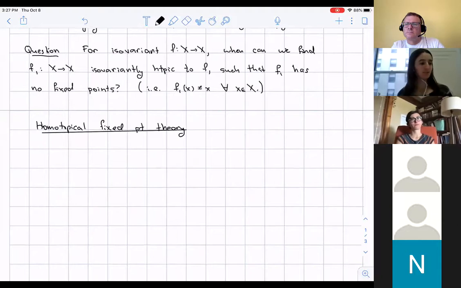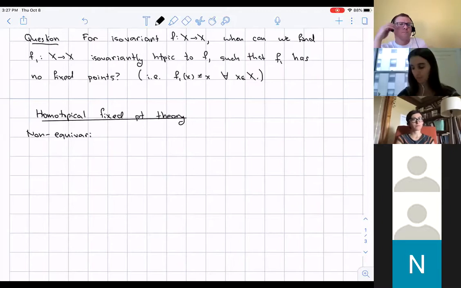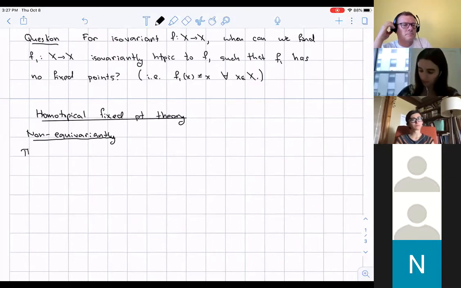So homotopical fixed point theory. Let me start with the way this goes non-equivariantly. For just a map between manifolds, when can you remove its fixed points? So here's the theorem.